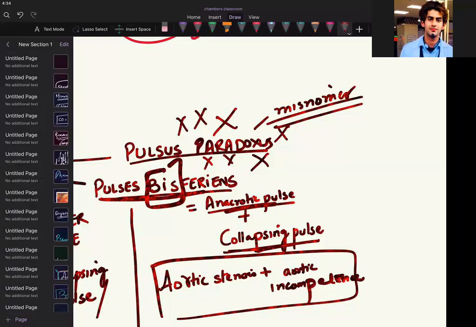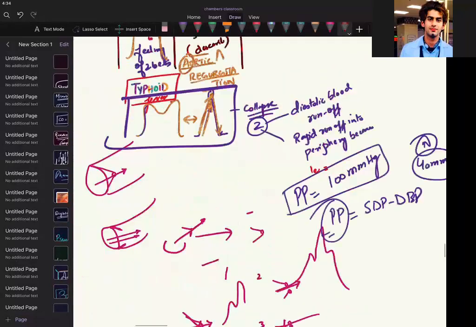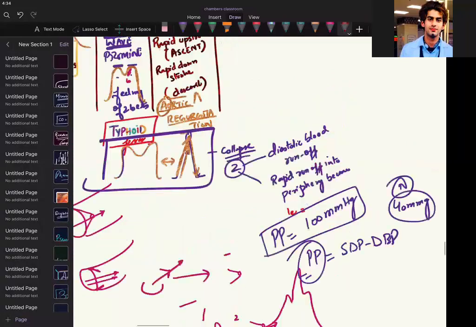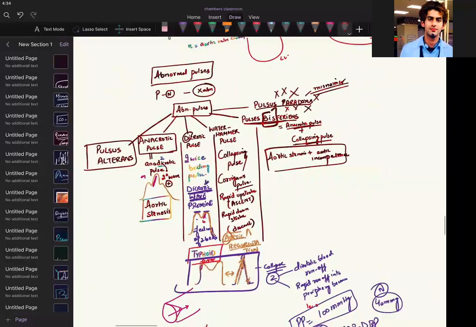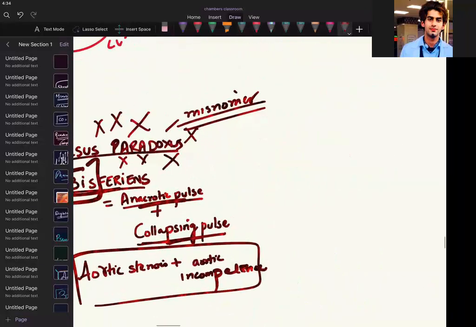Let us write first like this. Let us write the mechanisms of this pulsus paradoxus. So what are the causes of pulsus paradoxus? We didn't write that, isn't it? So for pulsus paradoxus, let's first write the diseases. In which disease will you see this?